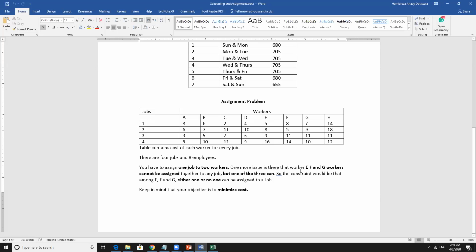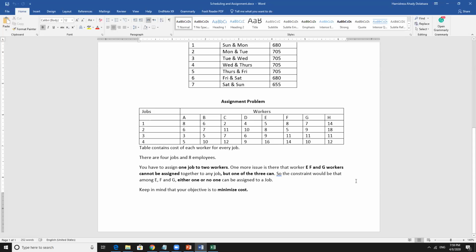One more issue is that E, F, and G workers cannot be assigned together. I actually have some similar problems in your project, where sometimes you say, I don't want to work with this and that. So it's a similar problem. Workers E, F, and G cannot be assigned together to any job, but one of the 3 can.